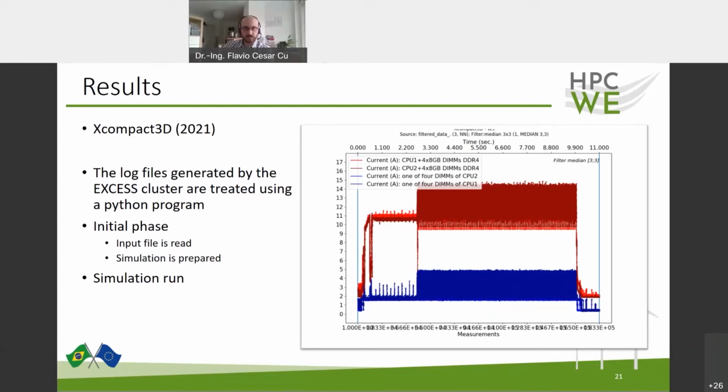We can see two different phases here. Once the simulation has started, we have an initial phase where the input file is read and the simulation is prepared, where the energy consumption is not so high. And then we have the simulation run phase, where the energy consumption of both memory and processor goes up.